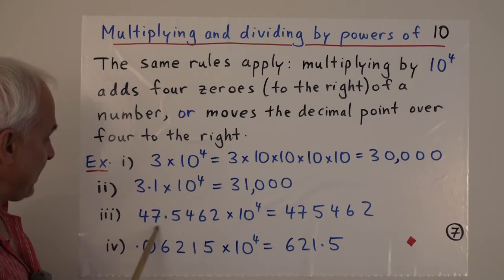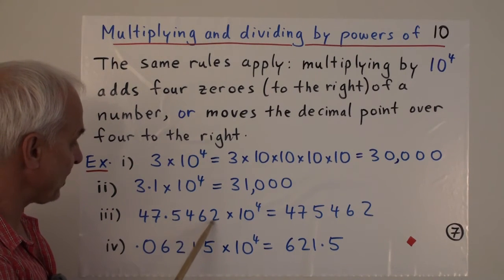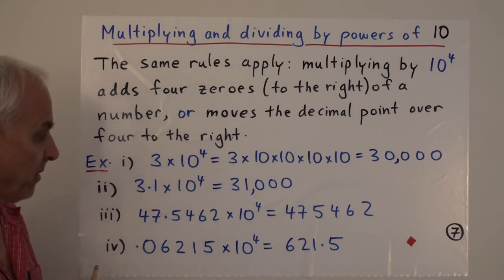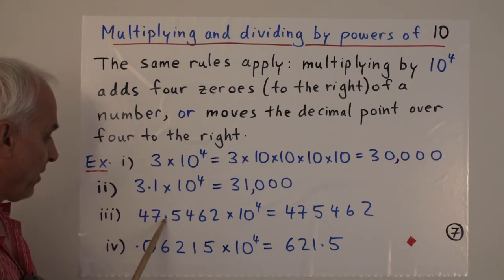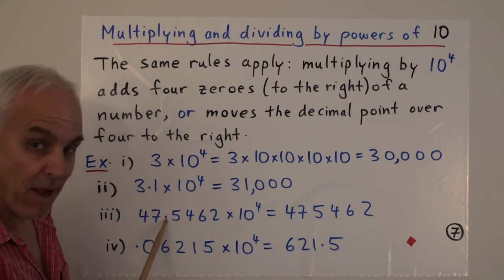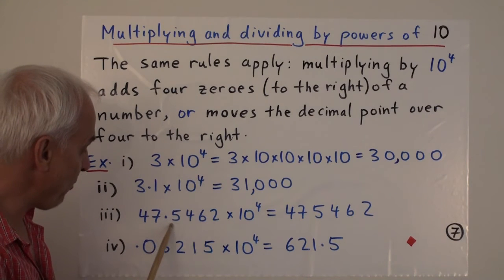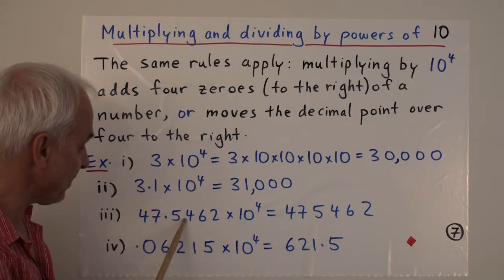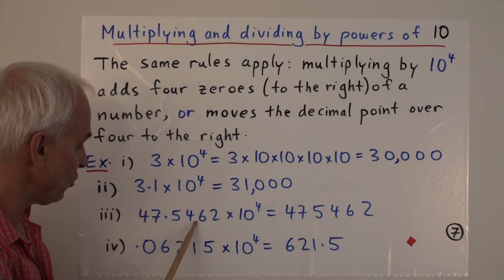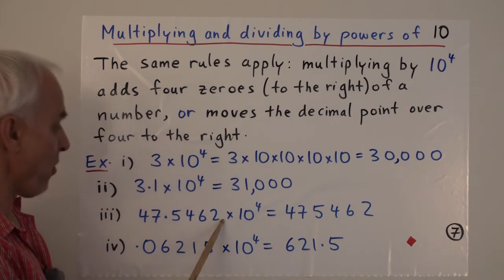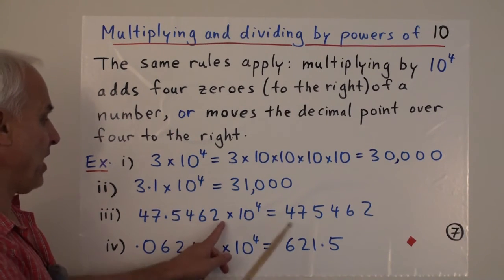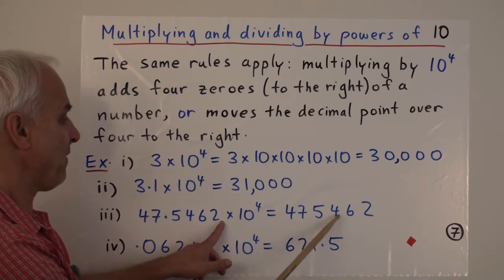How about 47.5462 times 10 to the 4th? There's the decimal point. We're multiplying by 10 to the 4th, so the decimal point moves over 4 places. 1, 2, 3, 4. So we get 475462.